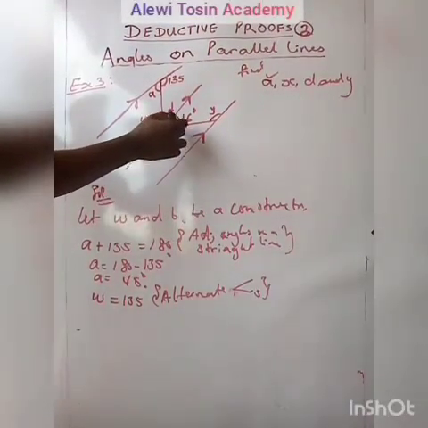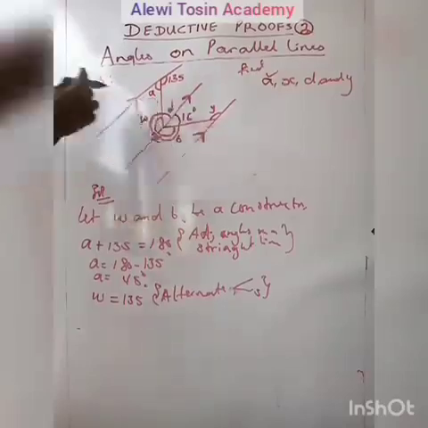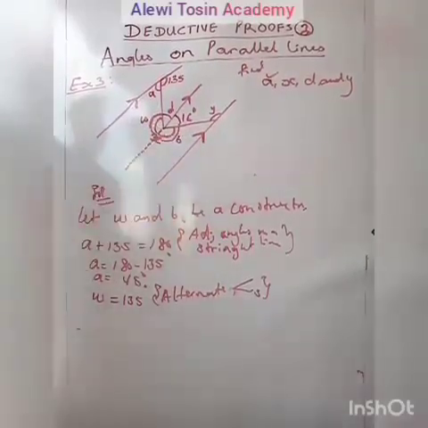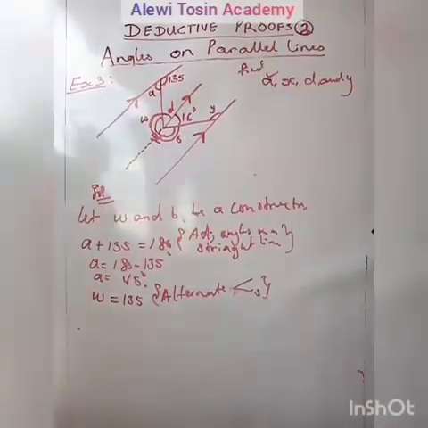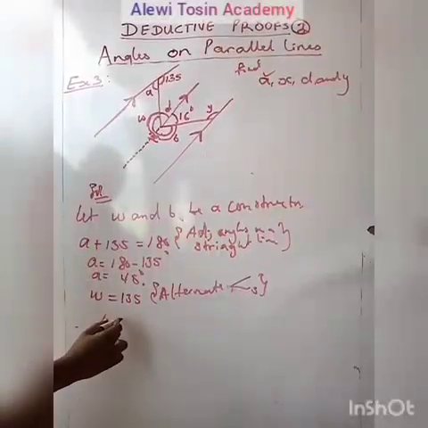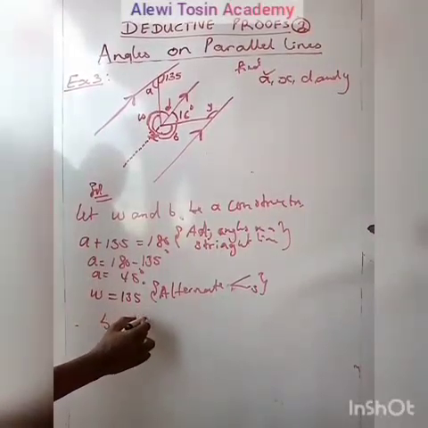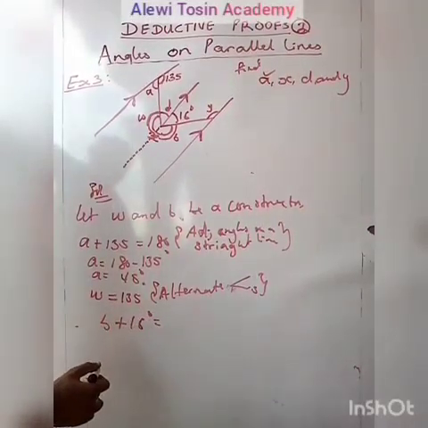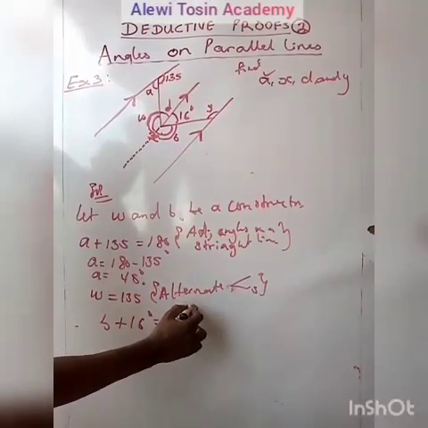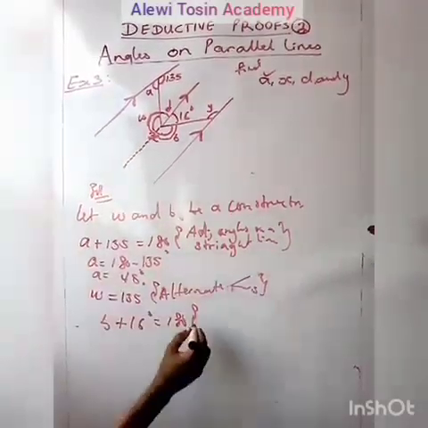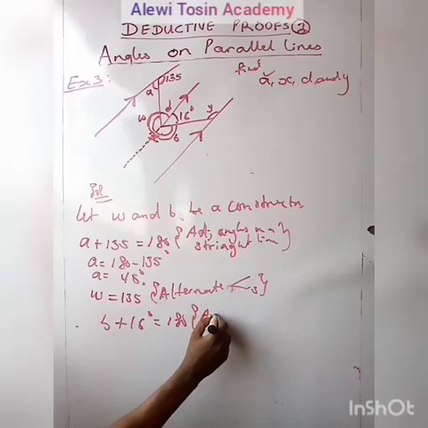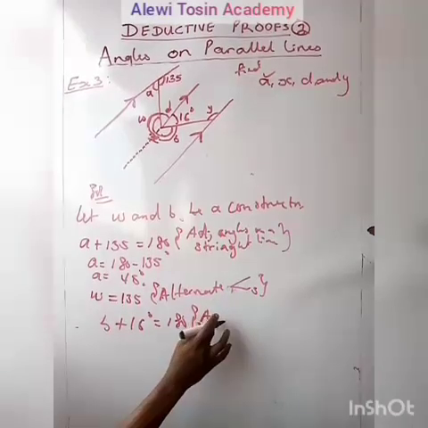Now, we can also say that this angle 16 and angle B are adjacent angles to each other. Which means that B plus 16 degrees is equal to 180. Reason: adjacent angles on a straight line.